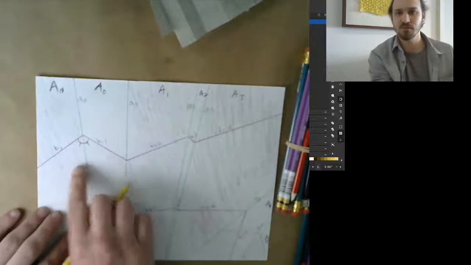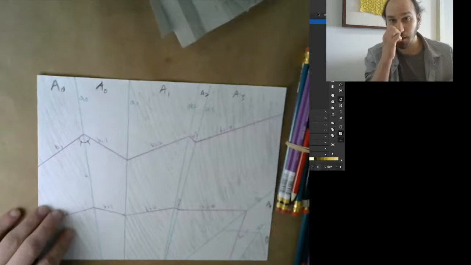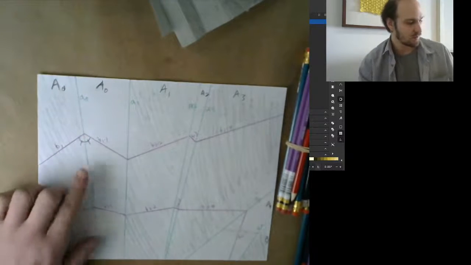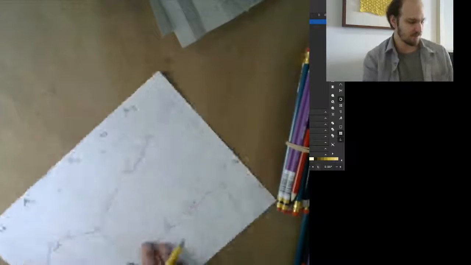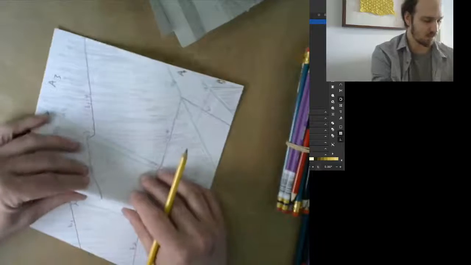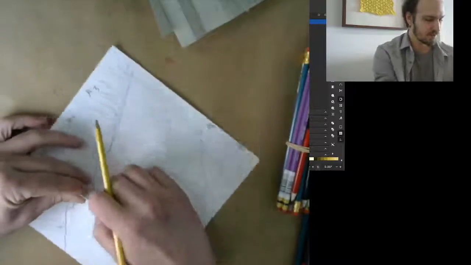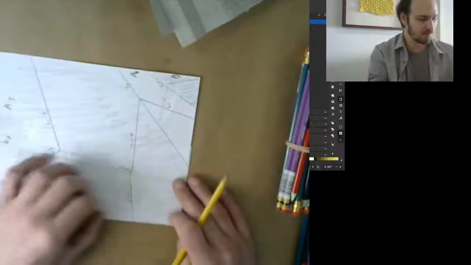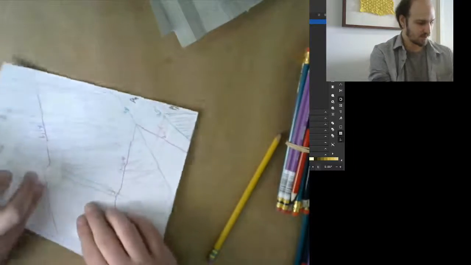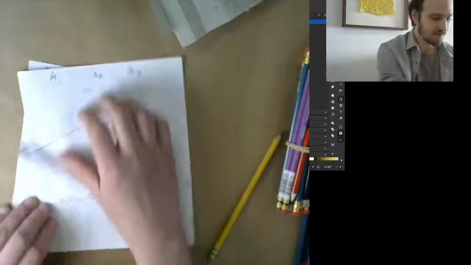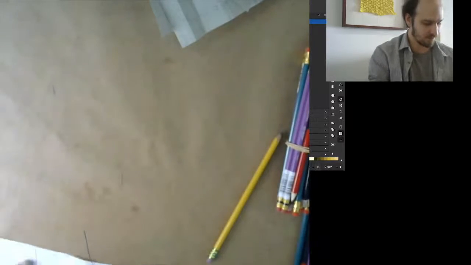So it's a reflection about one of the A's. However, in the folded state, and this is the whole point of the corrugations, in the folded state, these actually should line up. Now, I eyeballed the drawing, so they're not going to be perfect.